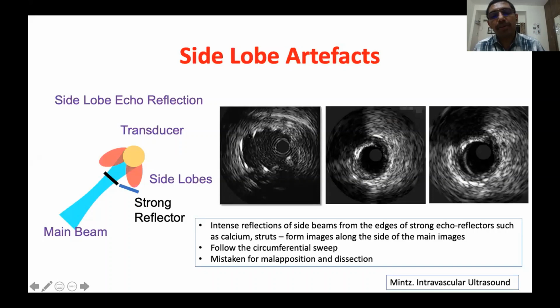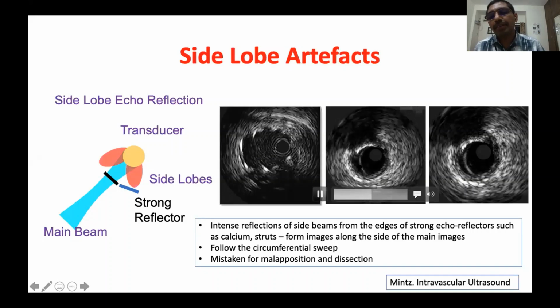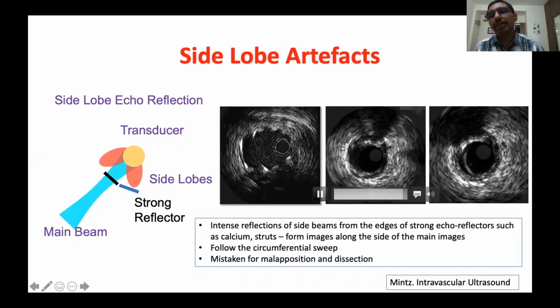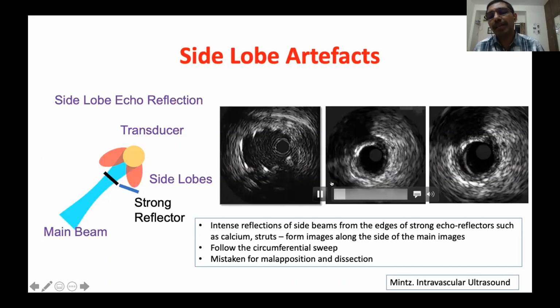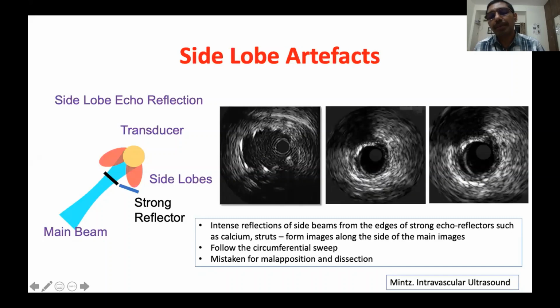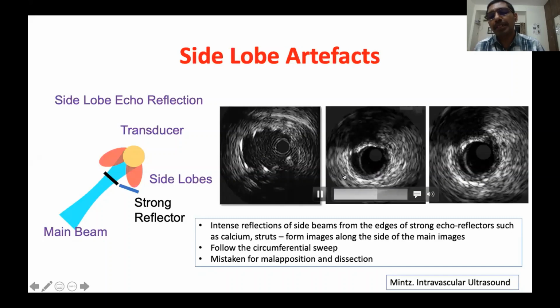This follows the circumferential sweep and results in extension of stent cells or extension of your calcium. This produces a false appearance of malapposition of stent cells. This produces a false appearance of a dissection close to the calcific plaque. So you should keep this side lobe artifact in mind so as not to misinterpret this as a malapposition and this as a dissection. This is nothing but an artifact.